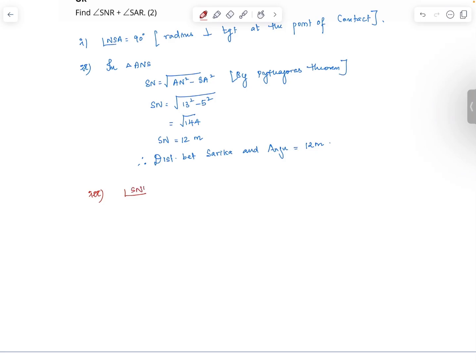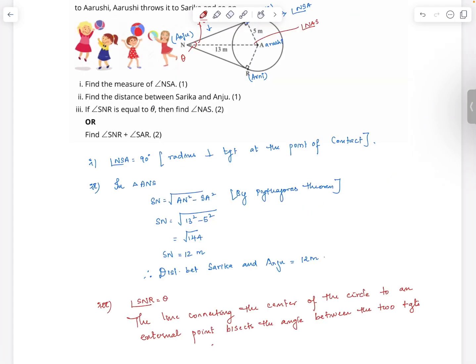Angle SNR is equal to theta. The line connecting center of the circle to an external point N bisects the angle between the two tangents. Therefore, angle SNA is equal to theta upon 2.